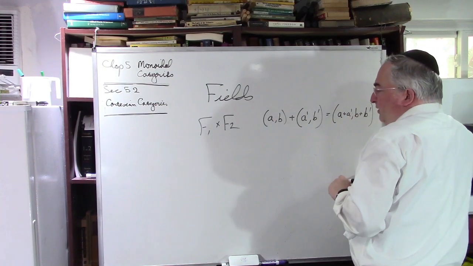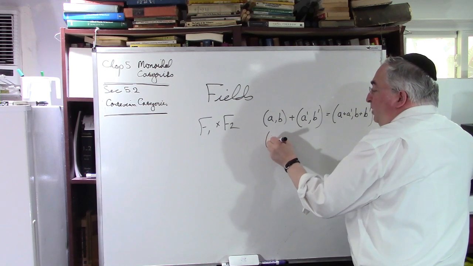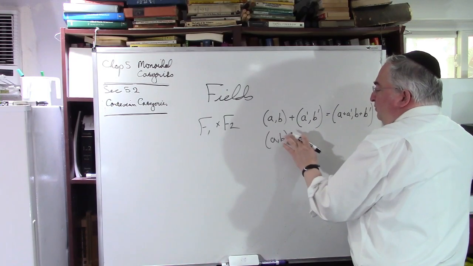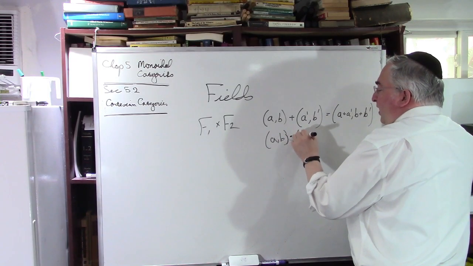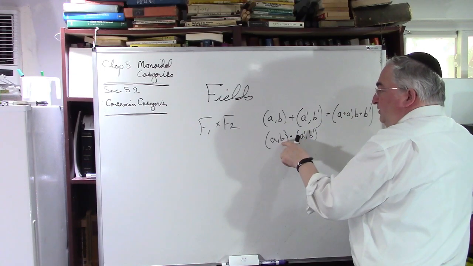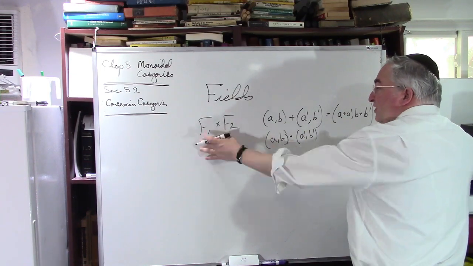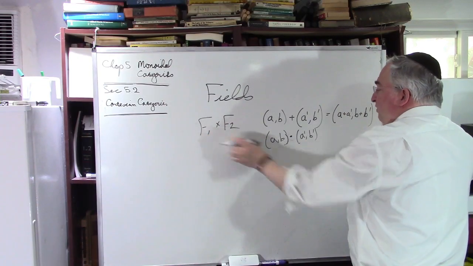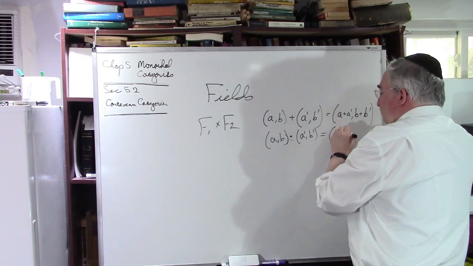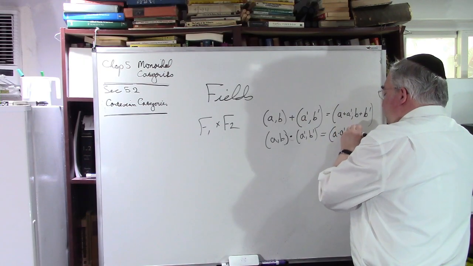Very nice. Okay, you might want to multiply these things. Multiplication we'll just call dot. Times A prime, B prime. This is an element of a field, this is an element of a field, and both of these together are an element of a field. How's it defined? A dot A prime, comma, B dot B prime.